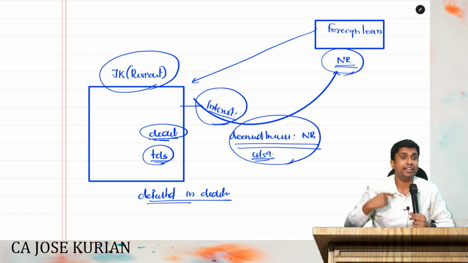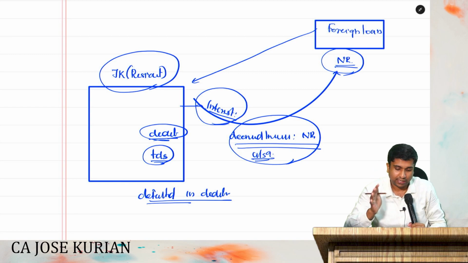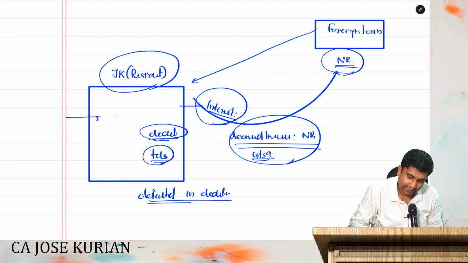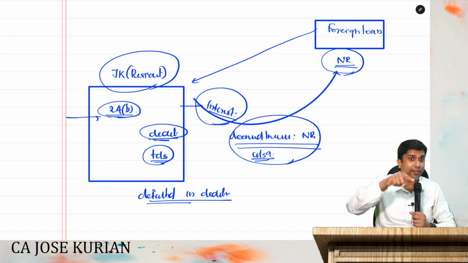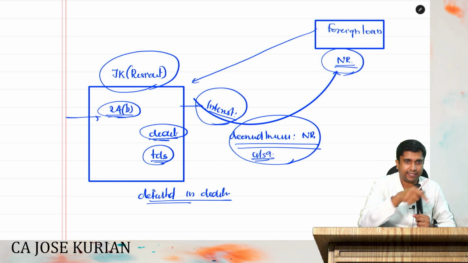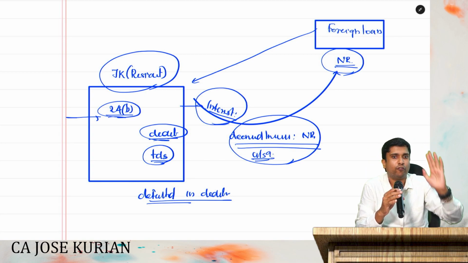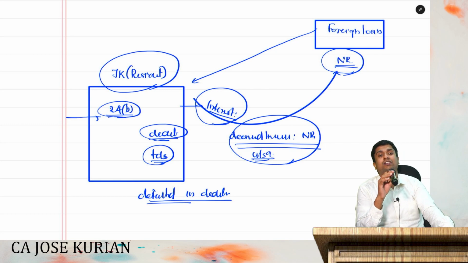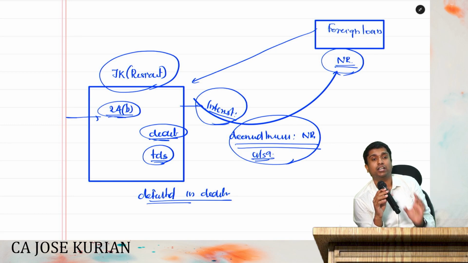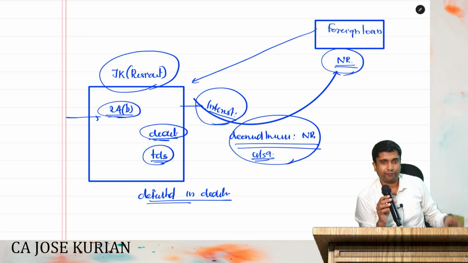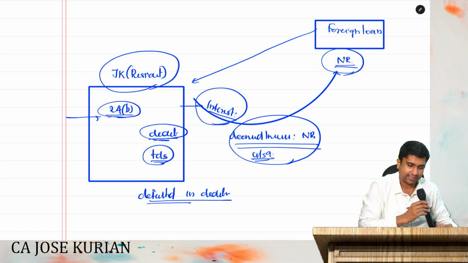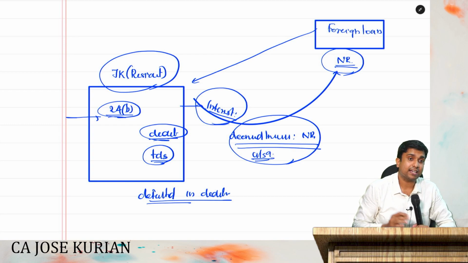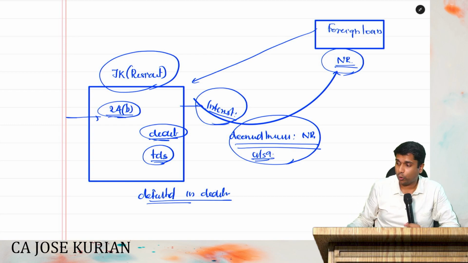If I have made a default in deducting the TDS, then the department says I am not permitted to claim that interest as a deduction under 24B. If I've defaulted TDS, don't claim that deduction. That's what the department says. It is inadmissible deduction under section 25. I hope it is clear.